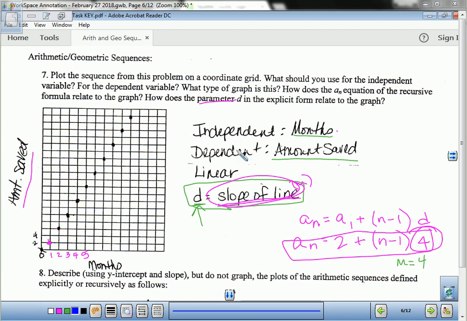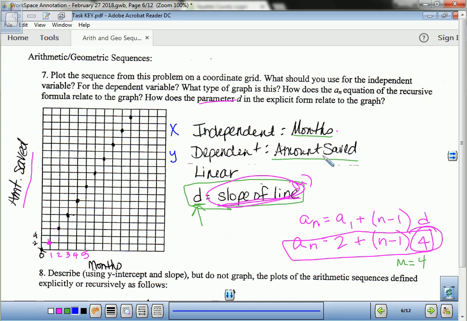All right? In this case, in this particular problem, our independent variable, that's generally our x, what lies on the horizontal axis, is the number of months, and the dependent variable, which is our y, our vertical axis, is the amount of money we saved, because the amount of money we save depends on the number of months.